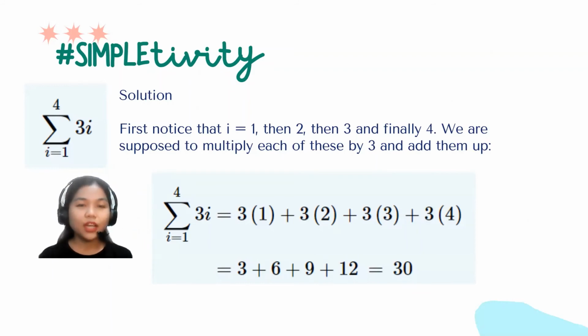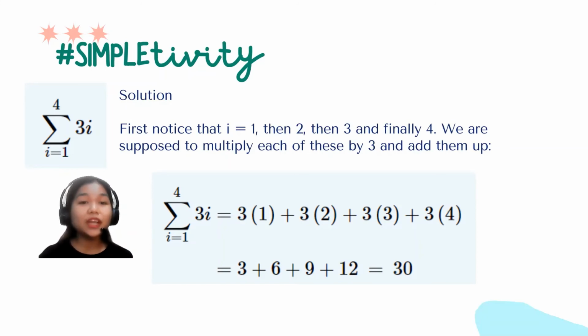First, for us to find the answer, notice that i is equal to 1, then 2, then 3, and finally 4, right? Automatically, this gives us an idea that the array contains 4 values, or 4 numbers.